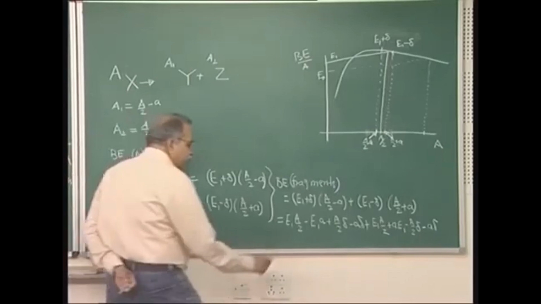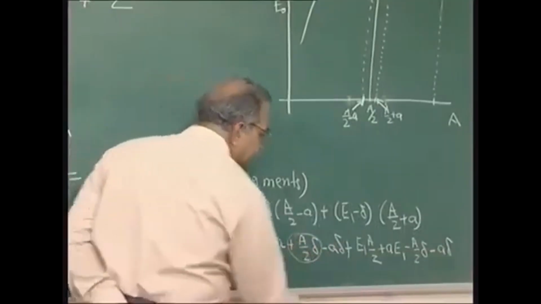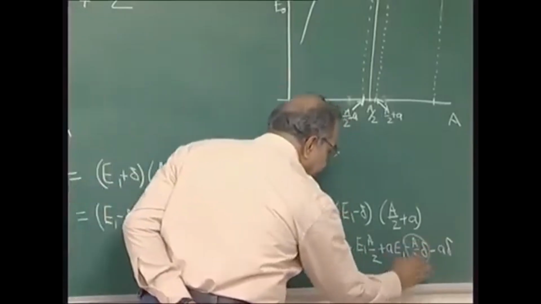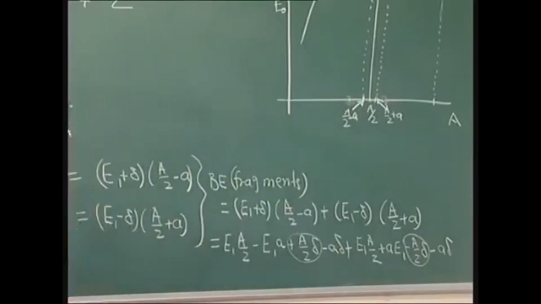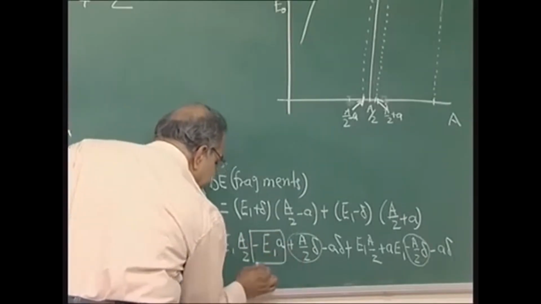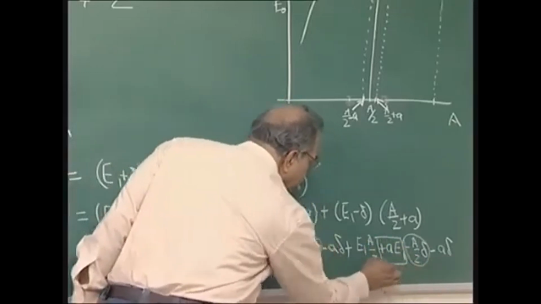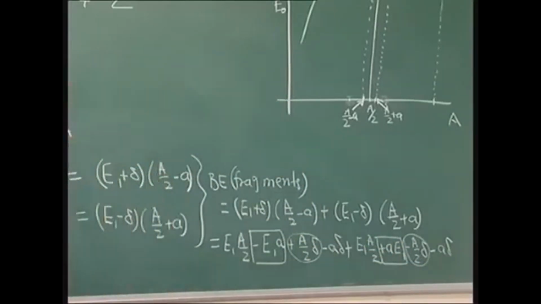Now, this A by 2 delta here, plus A by 2 delta here and minus A by 2 delta here, they will cancel out. And the rest of the things you can work out. E1 times a also I can see, here you have a minus E1 times a and here you have plus E1 times a. So, that will also cancel out, and what is left?